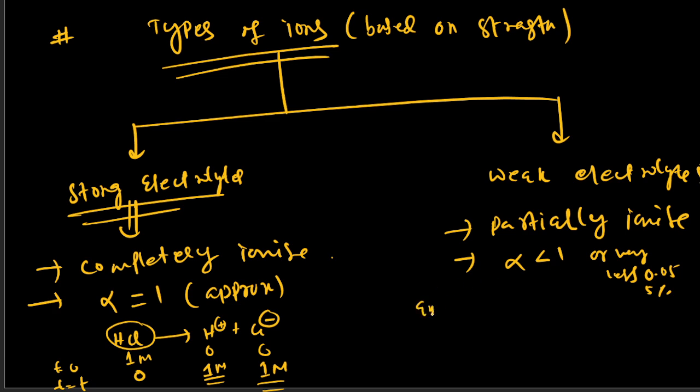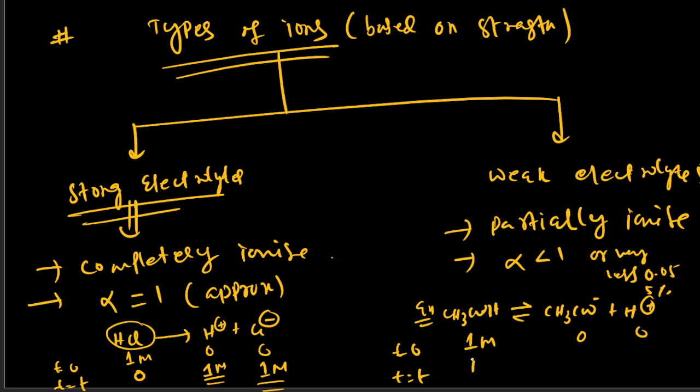Let us say CH3COOH is a weak electrolyte. It partially ionizes into CH3COO minus and H plus. At t equal to 0, one mole is present and no ions have been produced. At time t, from 1 mole only alpha has ionized, so alpha of CH3COO minus and alpha of H plus.